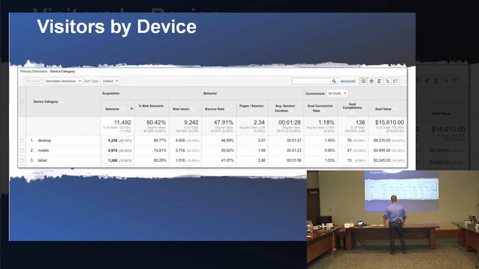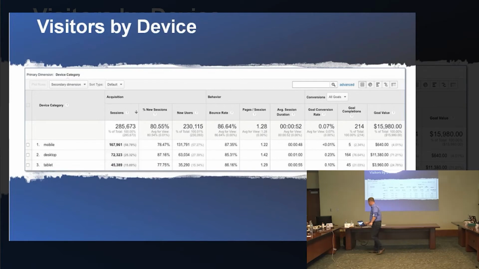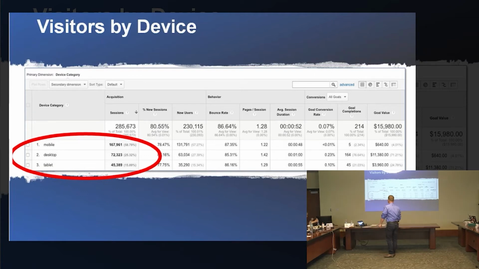I'm not happy when I see this. On this website, look at how many mobile visitors there are compared to desktop and tablet. Nearly 60% of visitors are coming from mobile. Then what do I do? You go look at the bounce rate in the 80s: 87% mobile, 85% desktop, 86% tablet.